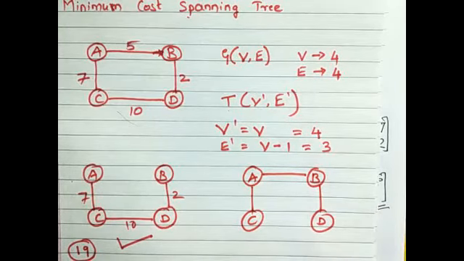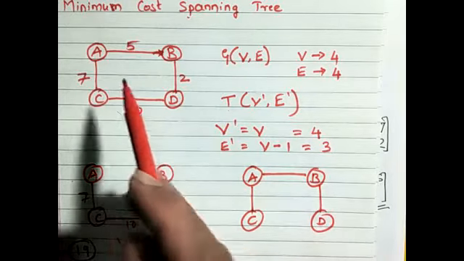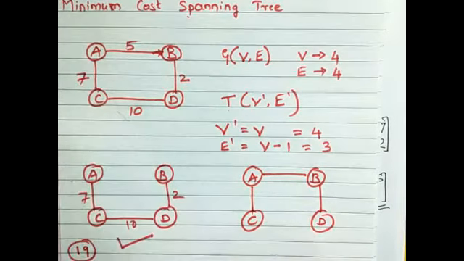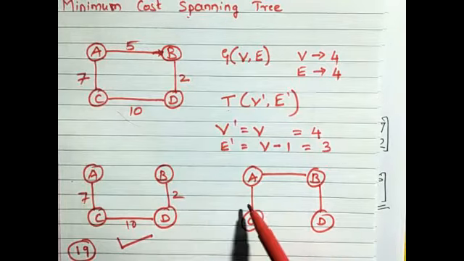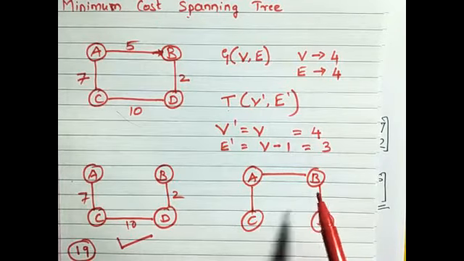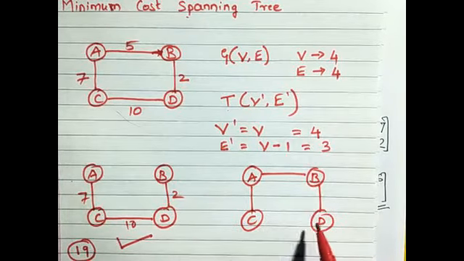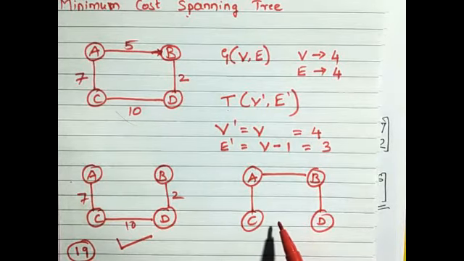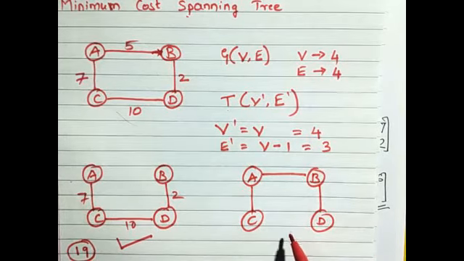Is it a spanning tree? Yes, obviously. How? The number of vertices is the same as in the given graph, and the number of edges is less than the total number of vertices. So this is also a spanning tree.